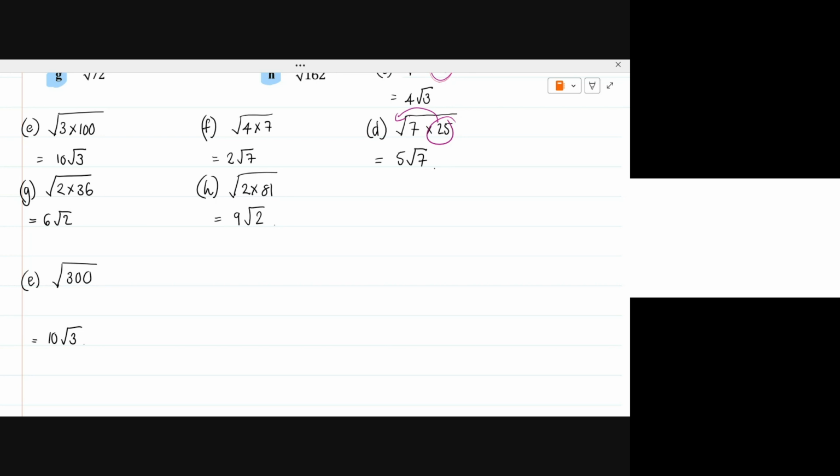Now the problem is if you do this in a test or an exam, we're going to know you've used a calculator because you've skipped the middle step. If you notice very carefully, ma'am has left a space there. If you do this in your test, we're just going to say this person used a calculator, no mark. 0, no mark.